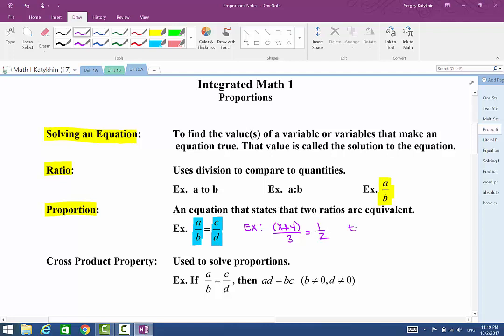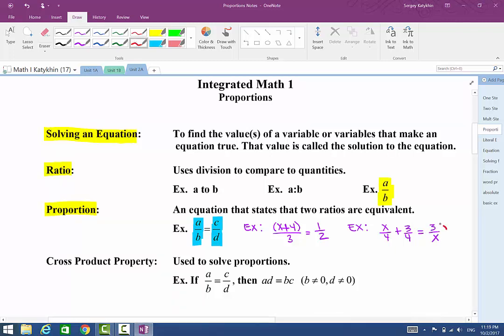One example that I want to show you that is not considered to be a proportion is something like this, where you have, for example, x divided by 4 plus 3/4 equaling, let's say, 3 divided by x.